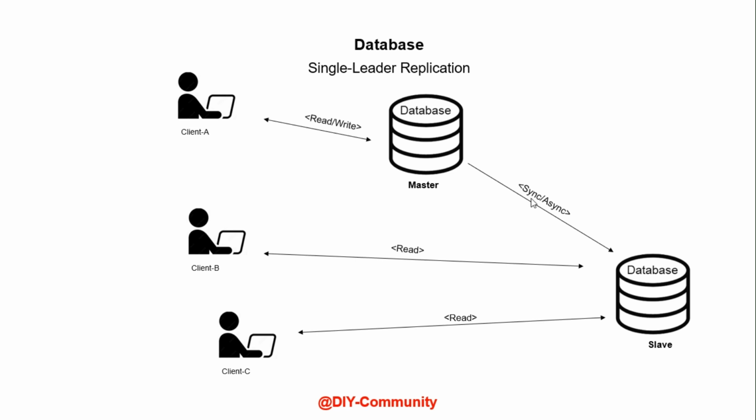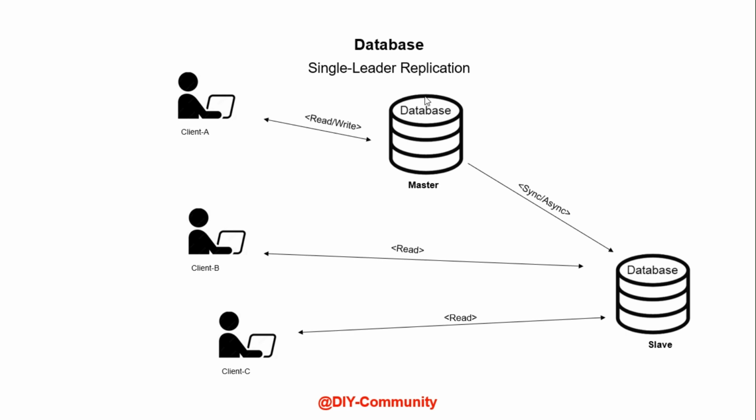If the replication between master and slave is synchronous, then it will be real time, meaning you are updating something here, and this connection will wait until the data gets updated in all slave databases, and then it will be committed.